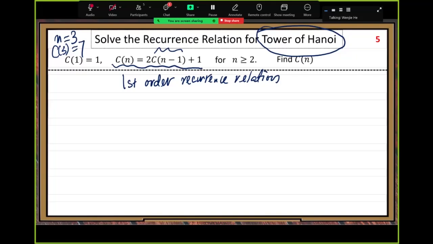Then, this one has a +1 non-zero constant term. The Fibonacci one, F sub n equals F sub n minus 1 plus F sub n minus 2, has no non-zero constant term. So that's another property. And this non-zero constant makes the question a little harder. Without a constant term, that would be easier to solve.